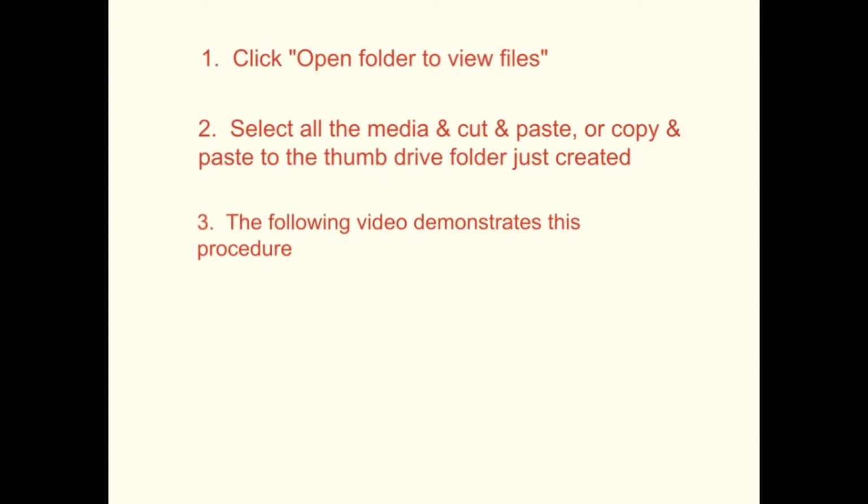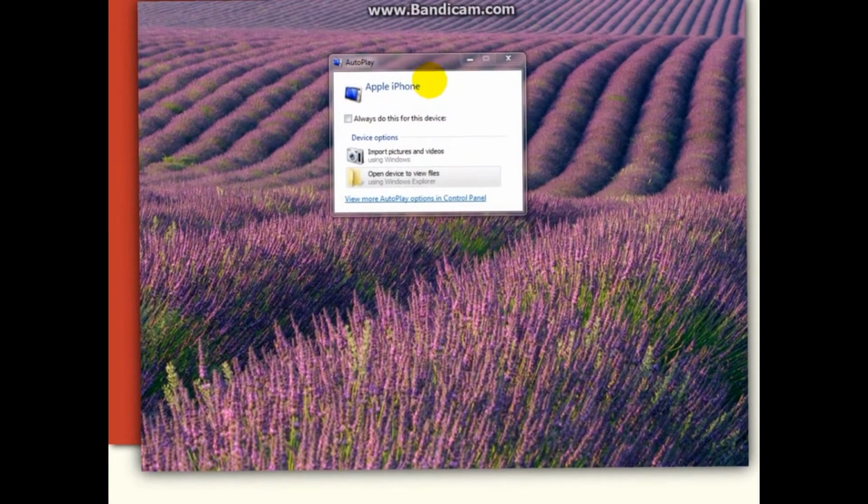You're going to want to make sure that you use cut and paste instead of copy and paste. That way the media will actually be removed from the device and over to the thumb drive.